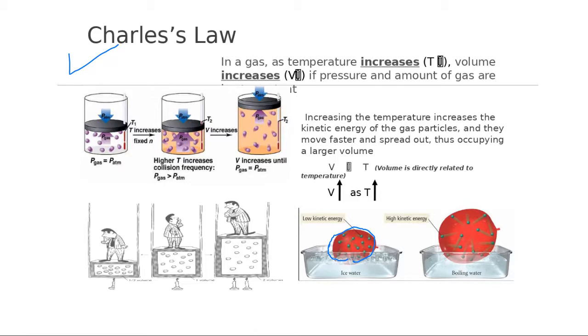What will happen? As the temperature increased, the gas molecules started to move faster and collide with the wall of the balloon, and the volume of the balloon increased. So as the temperature increases, the volume will increase. This is Charles' law. As the temperature increases, the volume of the gas increases.